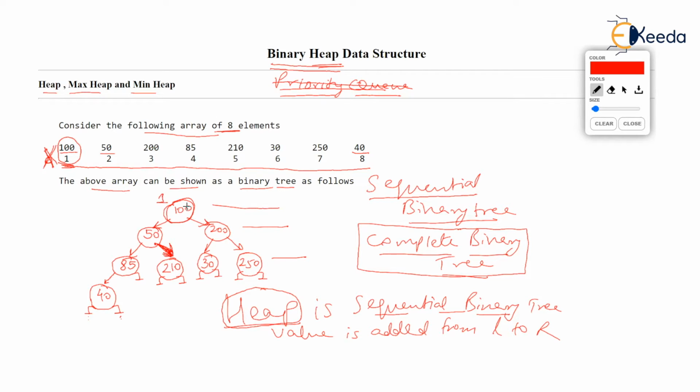So the node which will have the second number will be 50. The node which will have the third number will be 200. Then 85 will have the fourth number and so on. So we have a habit of numbering the nodes sequentially like this. Look, 85 will be the fourth node, 210 fifth, and so on. And 40 will be the eighth node.